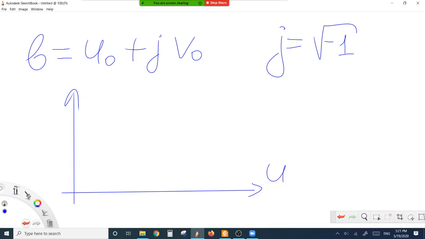Here u is the real axis and v is the imaginary axis.